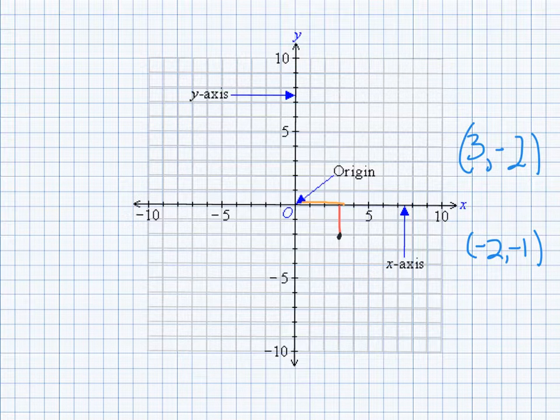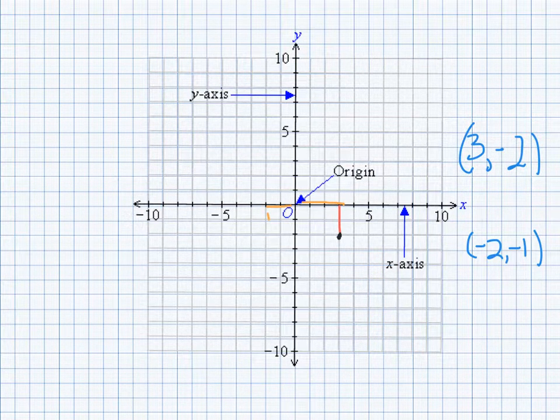I could do -2 and -1, so I would go -2. I can't get my stylus to mark on the line for some reason. Let me see if I can try this again. Okay, that's 2 over, and now I have to go down 1.